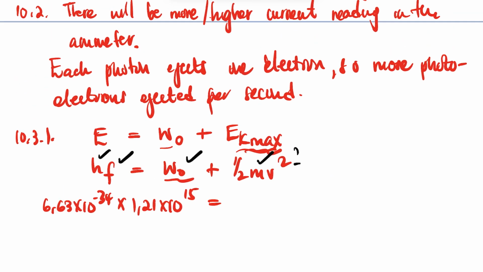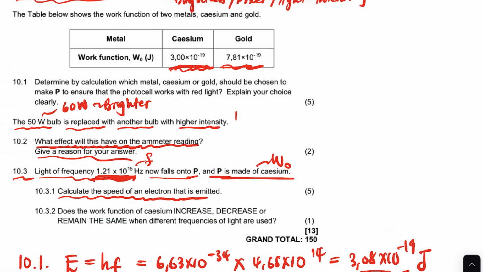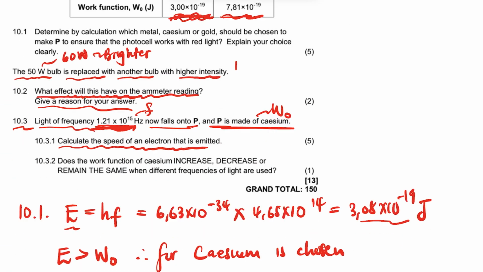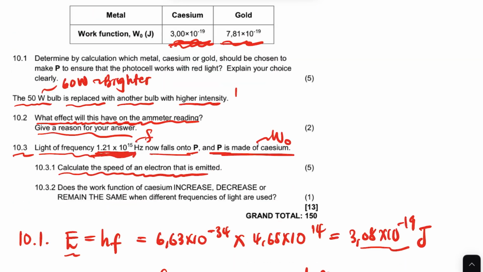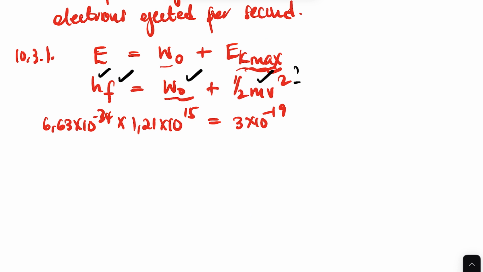The work function for cesium is 3 times 10 to the power negative 19. Plus half the mass of the electron, which you get from the data sheet, 9.11 times 10 to the power negative 31, and then the velocity squared is the one we're looking for.